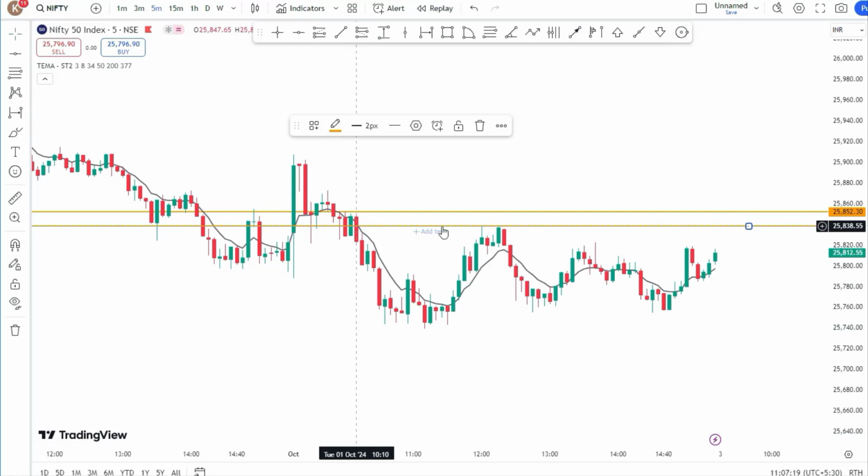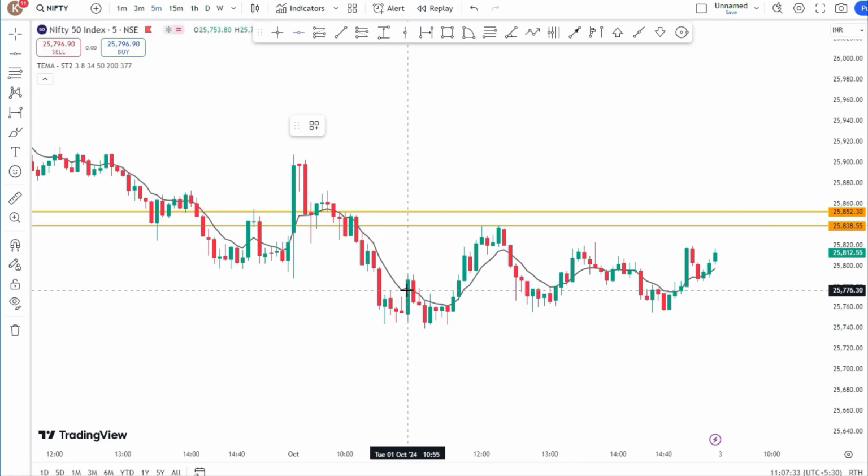Okay, so we can find that this is the level of resistance to the price, and the price immediately goes to the downside. The next crossover was here, the green line is crossing the 8 exponential moving average, and I will put a line here. Also here the red line is crossing, so I can put a line over here also. Okay, so they are nearly the same.